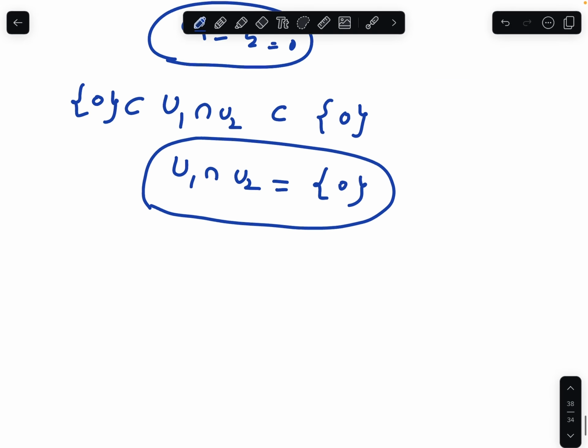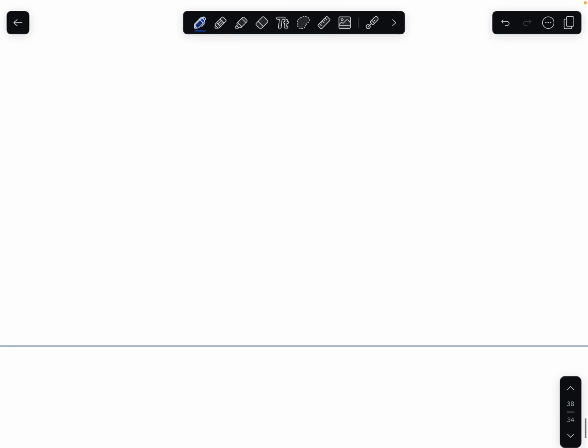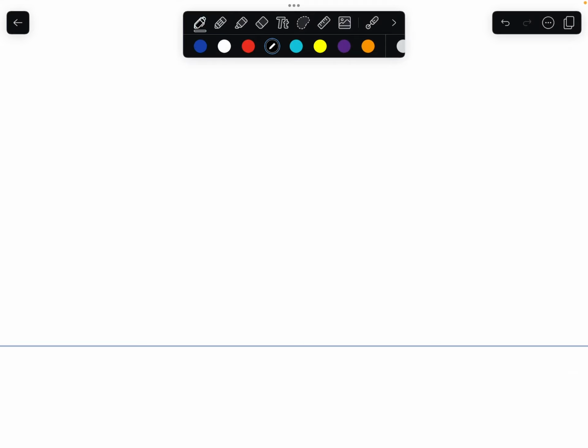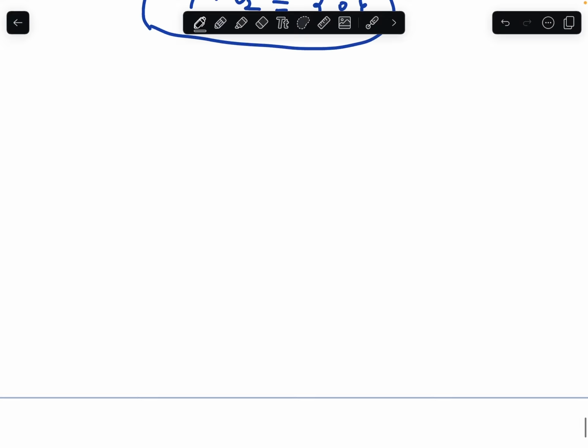Okay, now let's move on. Let's take a look at another way to produce new subspaces. So a definition is underway.